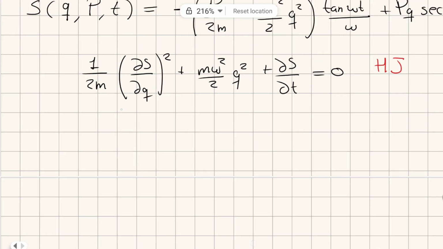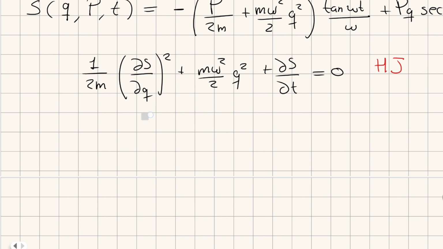And here, look, if we change this partial derivative of s to maybe a p, we will get the regular Hamiltonian, 1 divided by 2m p squared plus m omega squared divided by 2 q squared, which is very well known to be the Hamiltonian of the harmonic oscillator.